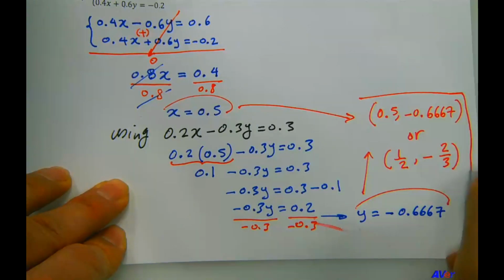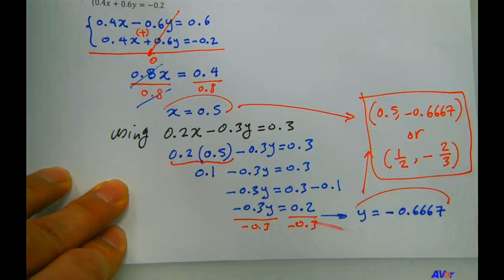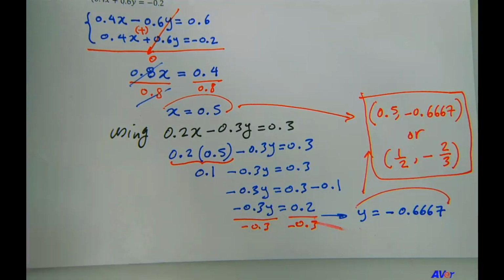The fraction form is more exact, so this is preferable, because the decimal one was rounded. But I show both solutions just in case.